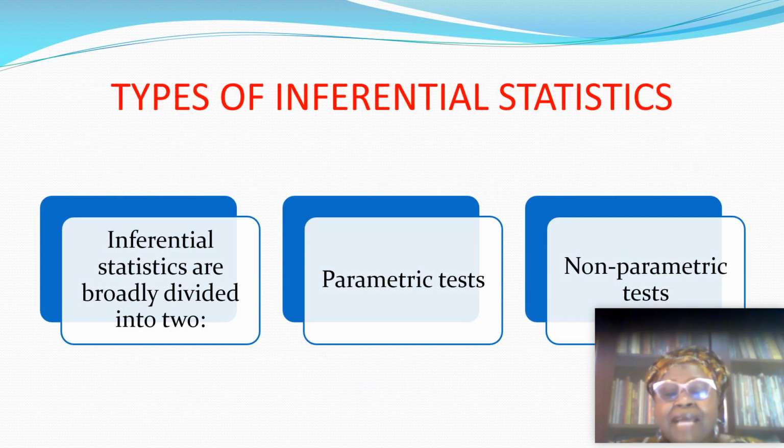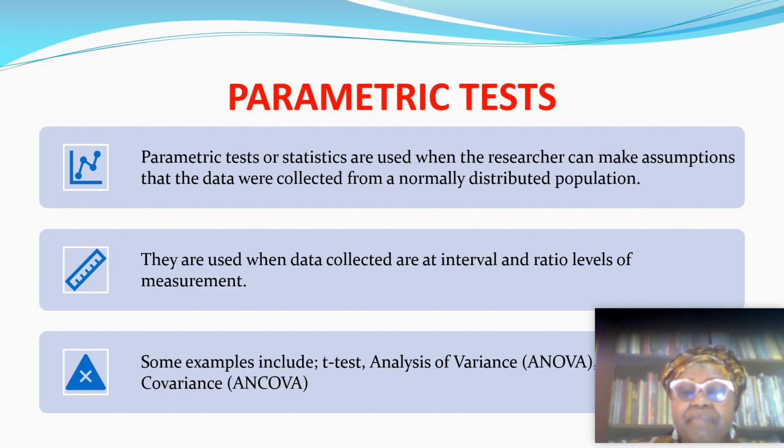So we have types of inferential statistics that are broadly divided into two. We have the one we call parametric tests and non-parametric tests. Parametric tests or statistics are used when the researcher can make assumptions that the data were collected from a normally distributed population.